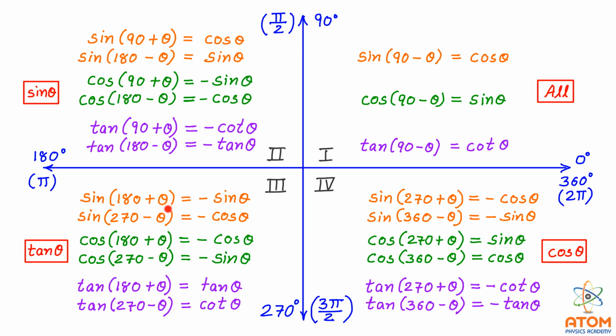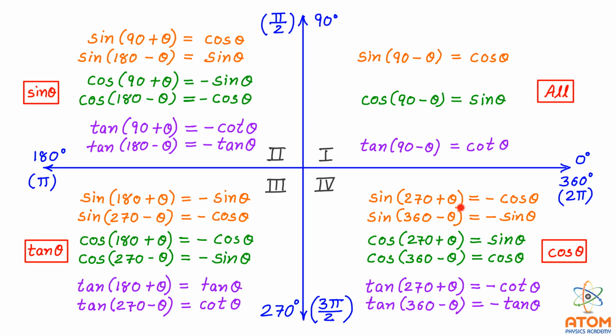Sin 180 plus theta is minus sin theta, sin 270 minus theta is minus cos theta, cos 180 plus theta is minus cos theta, cos 270 minus theta is minus sin theta, tan 180 plus theta is tan theta, and tan 270 minus theta is cot theta.